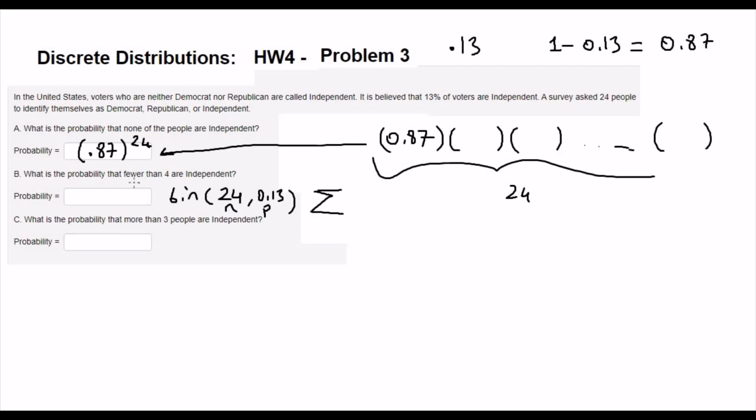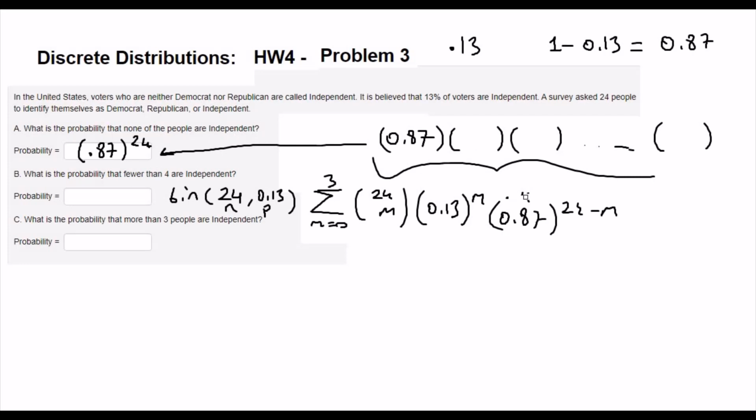We're looking for the probability that there are fewer than 4. So that's going to be m from 0 to 3. And this is going to be 24 choose m times the success to the m, times the failure, which is the complement of 0.13, to the 24 minus m. This 24 is from the previous part.